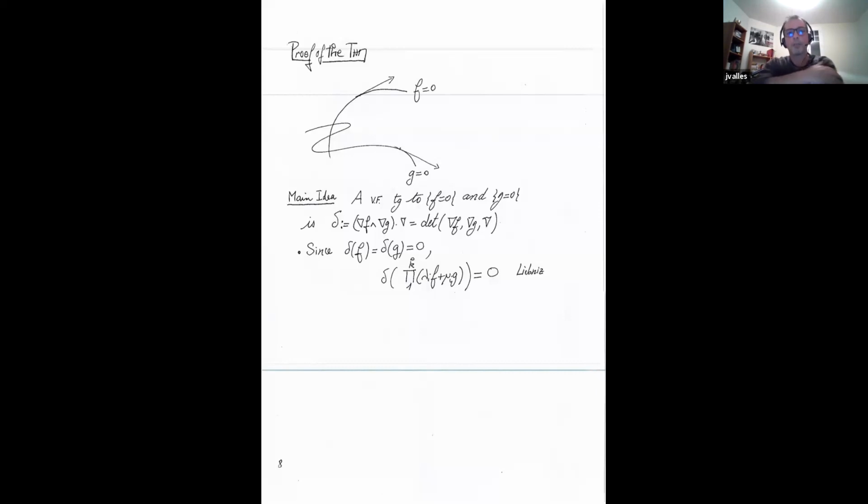So what does it mean? It means that you have found a vector field that is tangent to all members of the pencil, but also to any product of curves in the pencil.